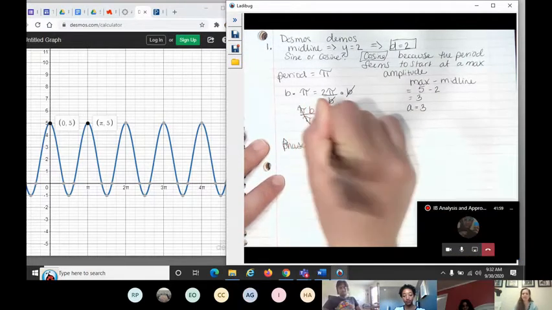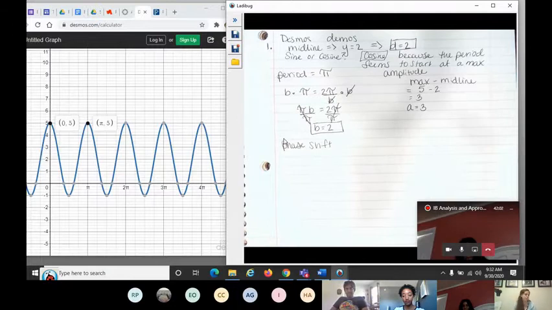All right. Do you think that this shifted left or right at all? I think it shifted to the right. So if it's cosine, then normally the parent function, the very original cosine function, starts at a max, right?